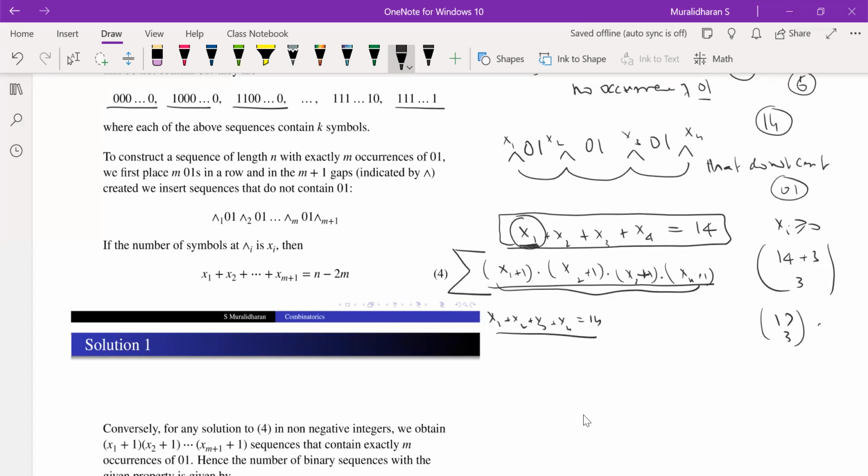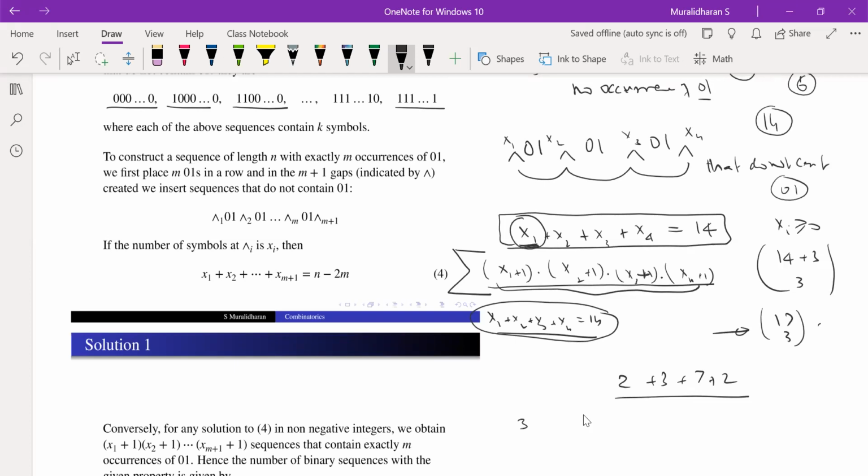So I have x1 plus 1, x2 plus 1, x3 plus 1, and x4 plus 1. When x1 plus x2 plus x3 plus x4 is 14, I have 17 C 3 solutions. One solution, let us say, is 2 plus 3 plus 7 plus 2. For this solution, how many sequences will I have?